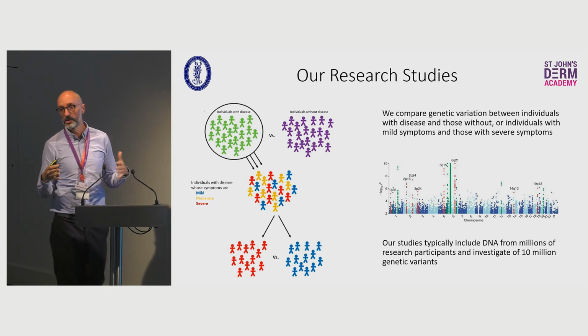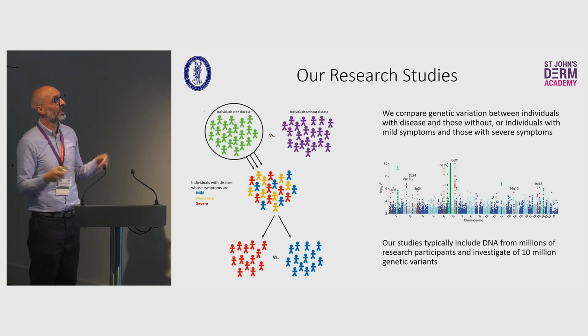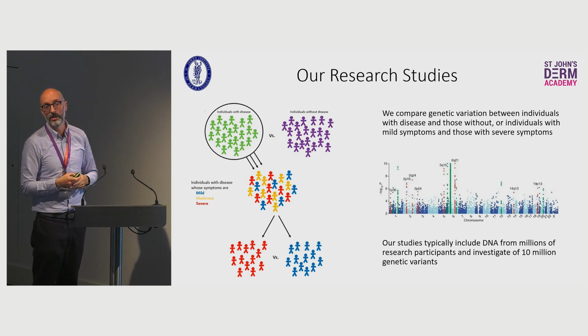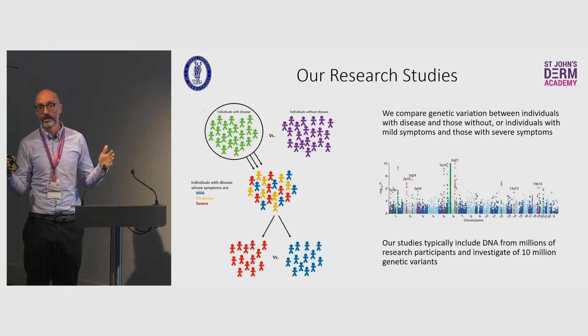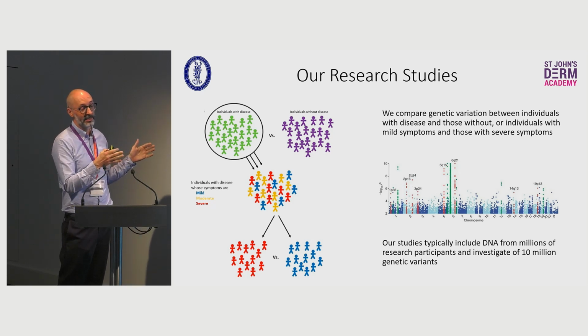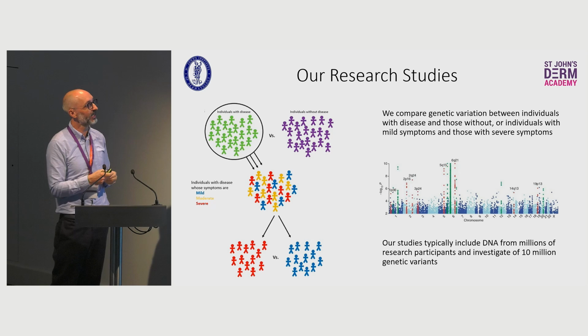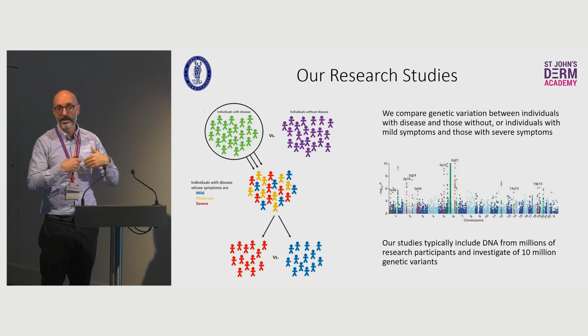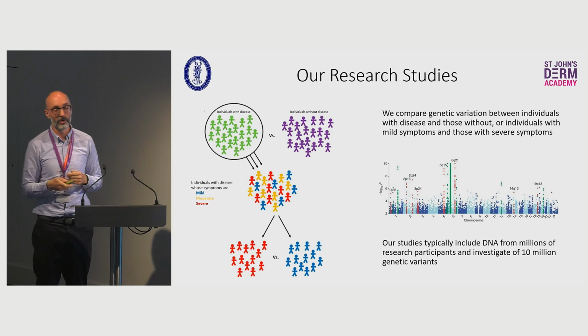The studies that we do are huge. Our recent study of the genetic basis of acne included over 1 million participants, of which about 60,000 had severe acne. And we're looking at just over 10 million genetic variants spread across the genome.